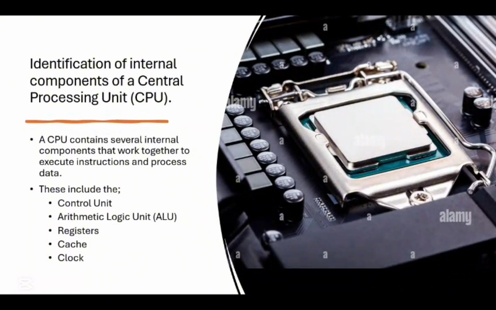Identification of internal components of the CPU. In this first section, we will be identifying the internal components of a central processing unit. As stated, a CPU contains several internal components that work in harmony to execute instructions and process data.